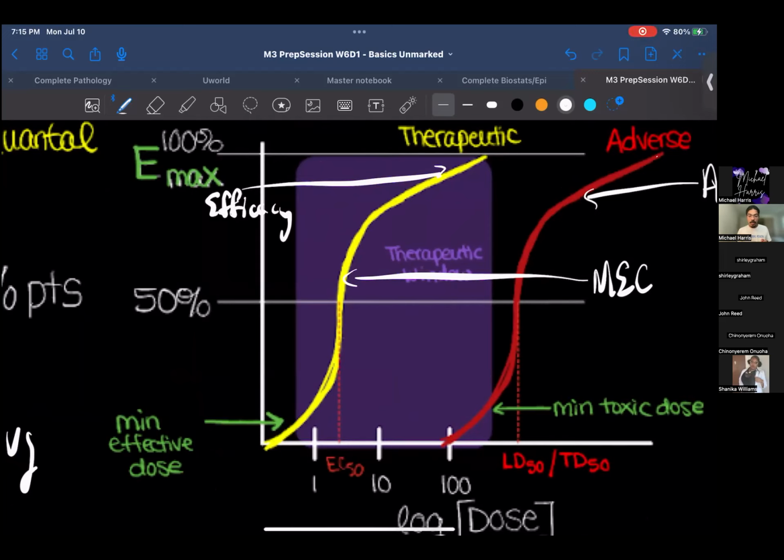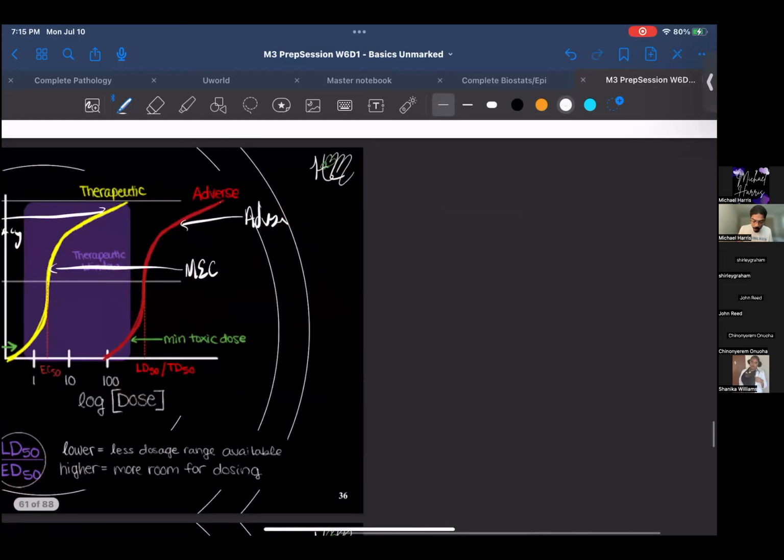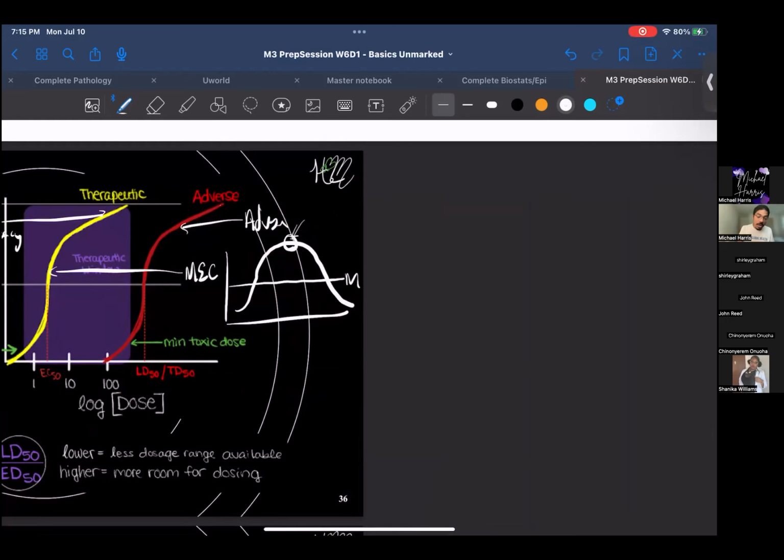Which makes sense, because if you looked at that graph that we looked at earlier, it went up to a max and then went down. And minimum effective concentration was down here. So efficacy does increase with higher dosage.